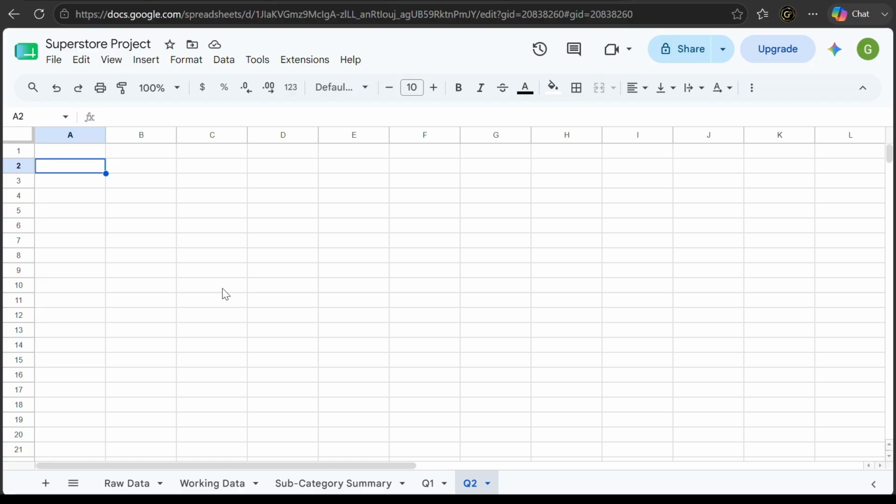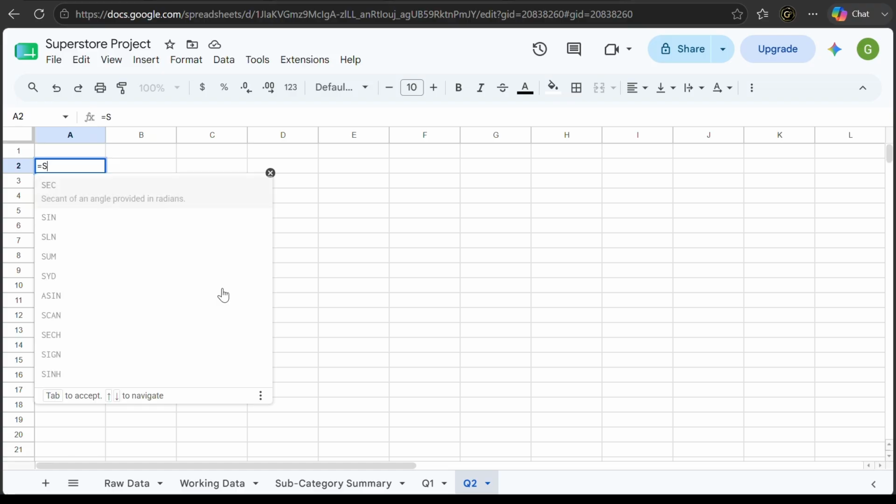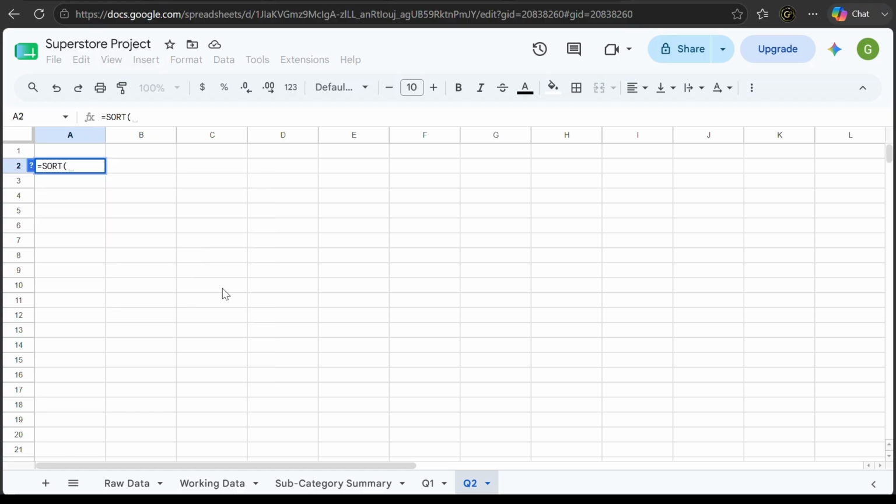Oh yeah, I remember. I used equals SORT, and then I used the subcategory summary sheet.